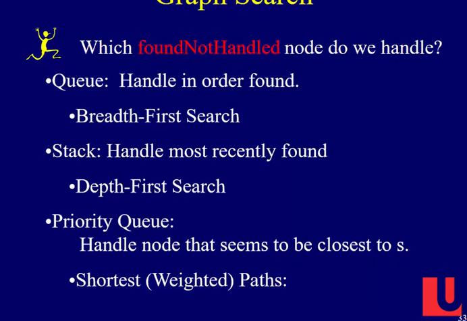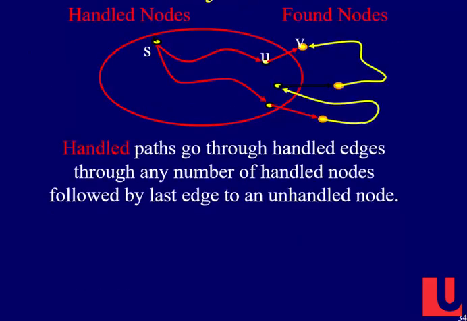You handle the one that feels closest to S, and that gives you Dijkstra's algorithm. And you know Dijkstra's algorithm is what Google is running on your phone when you ask what's the best route to get from where I am to the beer store. Right? Everybody good?